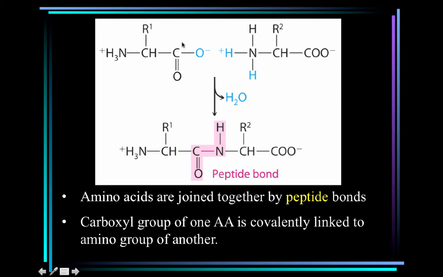So this could be like methionine and arginine. They're going to be joined together in the polypeptide chain by this peptide bond here. So the carboxyl group of one amino acid is going to be covalently linked to the amine group of another amino acid.